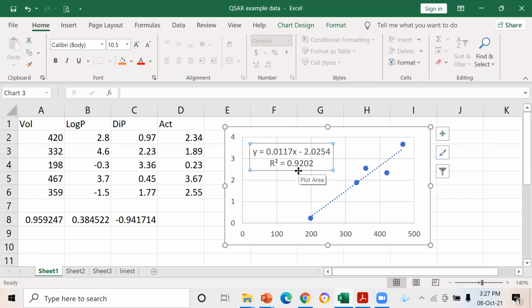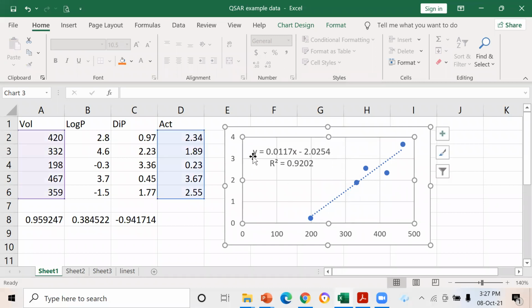Now, what is the use of the model? Suppose I am thinking of designing and synthesizing some 10 compounds, different structures. For the same anti-cancer activity, I can use Swiss ADME, calculate the volume, and then put the volume in the X place, and it will predict what the activity will be. So we will know whether the activity is better than this, equal to this, or worse than this.